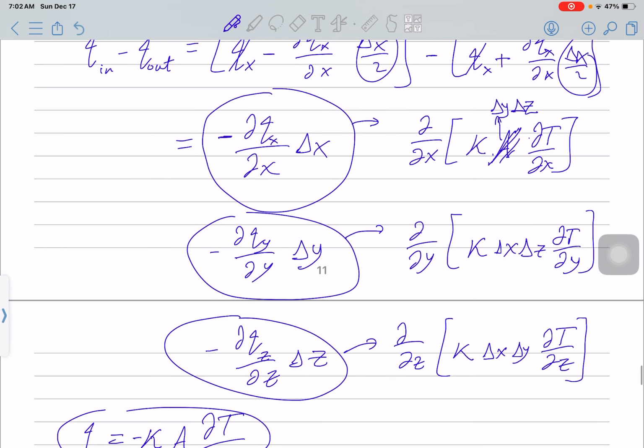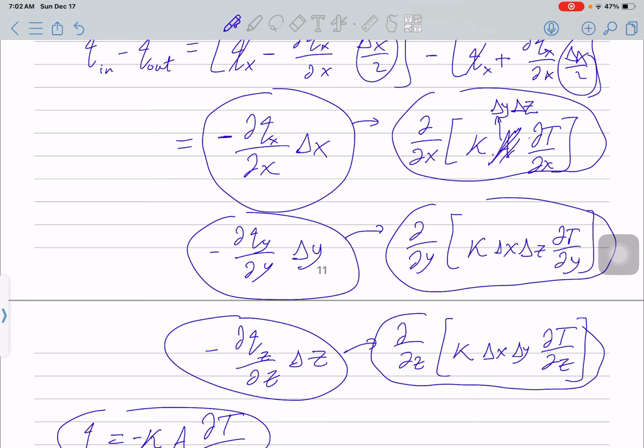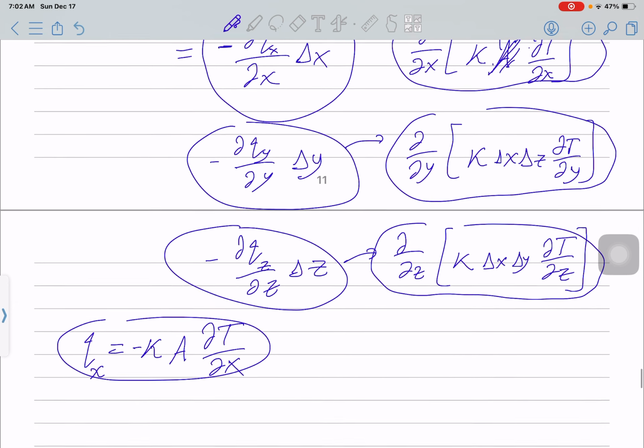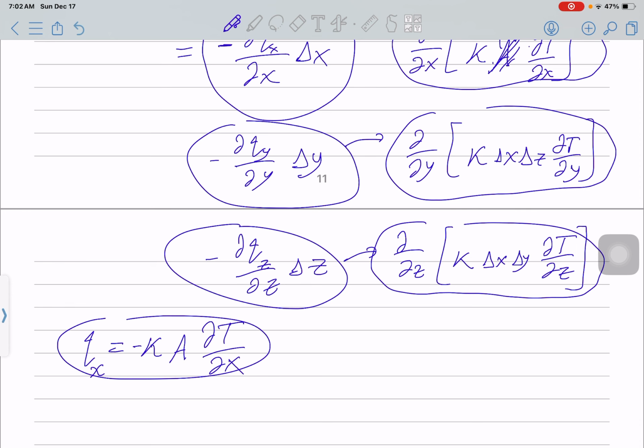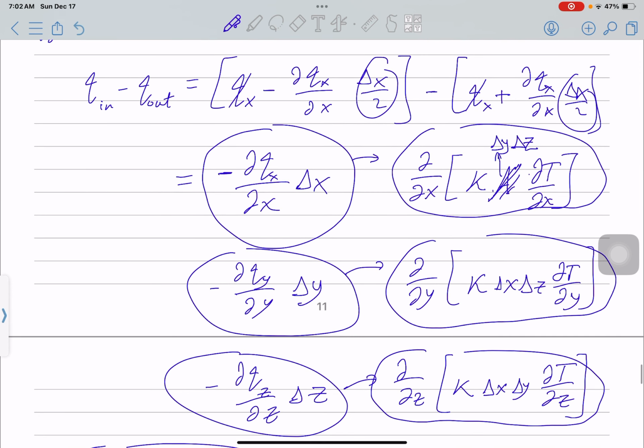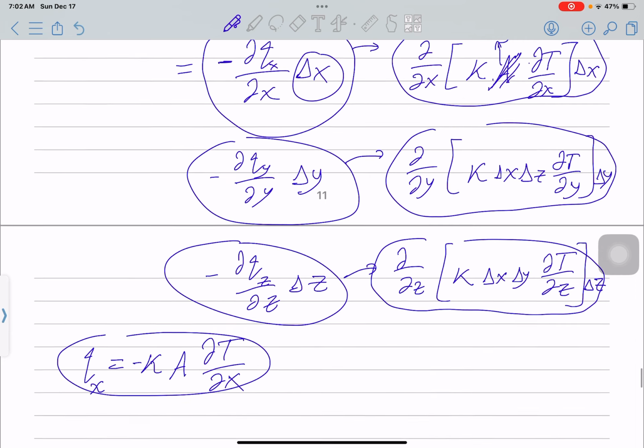These are the 3 new terms. We can put them in the equation. Sorry, we have lost our delta x, delta y, and delta z.